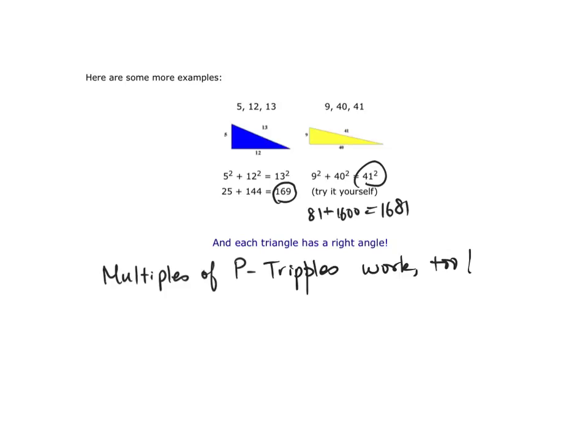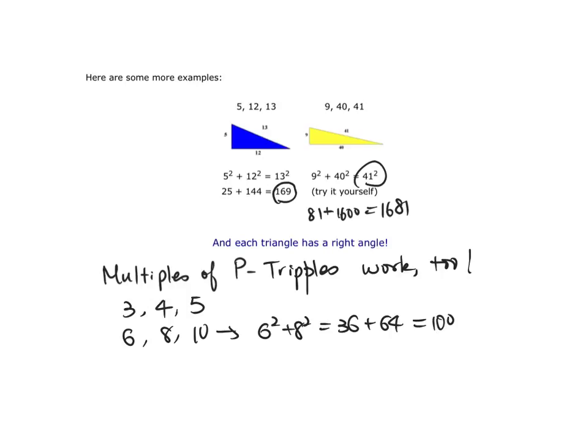My favorite is 3, 4, 5. If I just multiply them by 2, I get 6 and 8, and I know the third side, which is the hypotenuse, has to be 10. Let's double check on that. 6 squared plus 8 squared is 36 plus 64, which becomes 100, and that equals 10 squared, right?